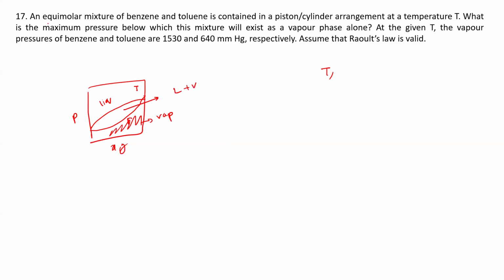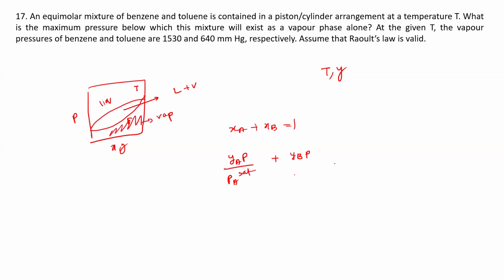Here we already have an equimolar mixture of benzene, so Y is given. We have a general equation, XA plus XB equals 1. Satisfying that, we have YA P by PA sat plus YB P by PB sat equals 1.